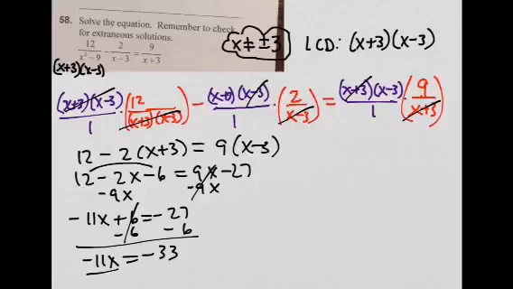Divide by negative 11. So we get x equals positive 3. Well, the problem with that answer is that at the beginning, remember, x cannot be plus or minus 3. And the only answer we got was x equals 3. And it doesn't work. So this one has no solution.